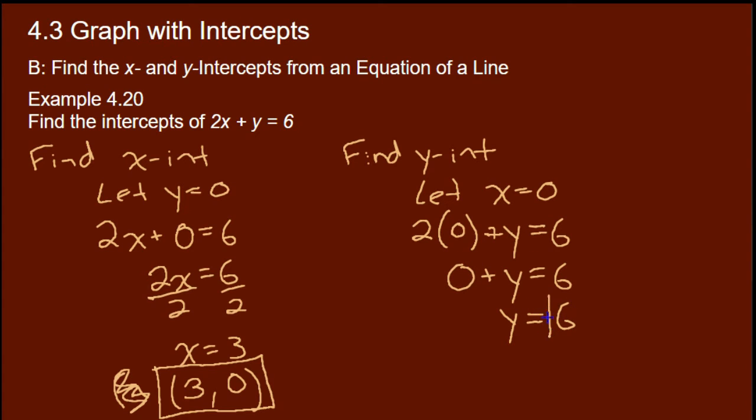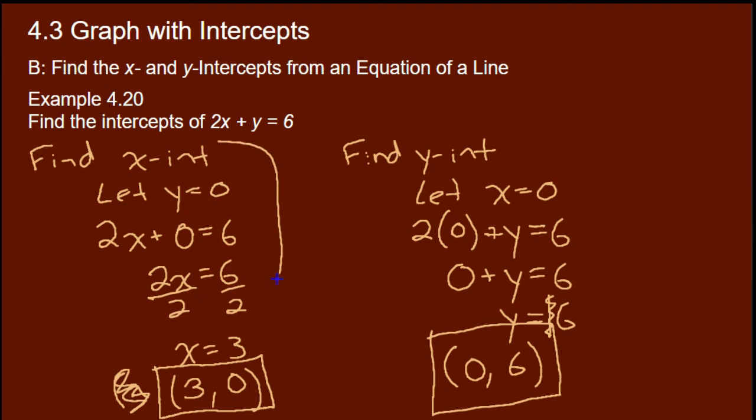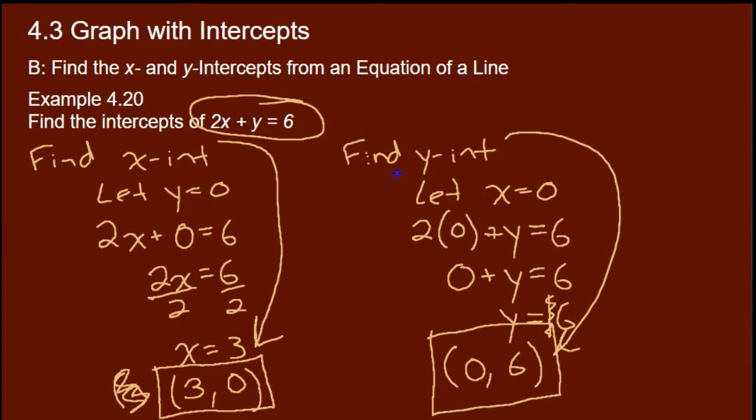And that's our y, but that's not our answer, right? Because we're looking for ordered pairs. So the y-intercept is at (0, 6). So the x-intercept is at (3, 0), and the y-intercept of this line is at (0, 6).